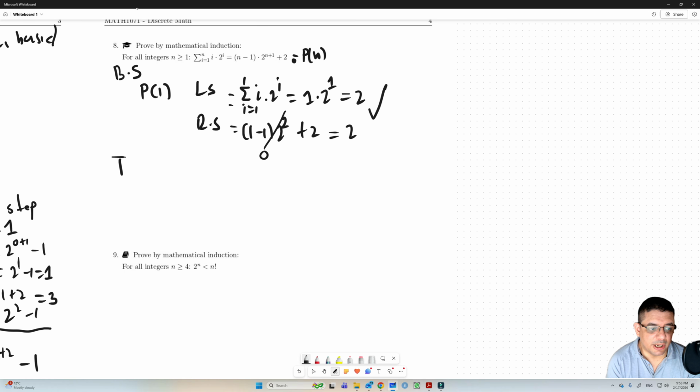Now the induction hypothesis: we should not say that this is k, we should say that for k that belongs to the integers, because we want to think of this as all possible k.